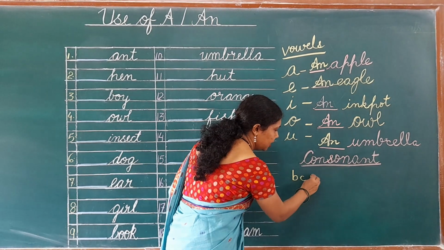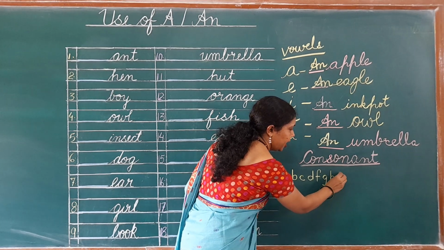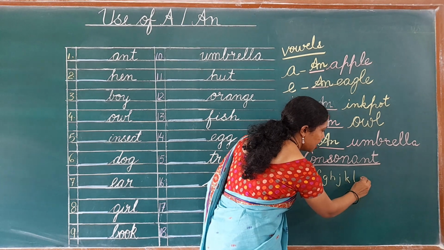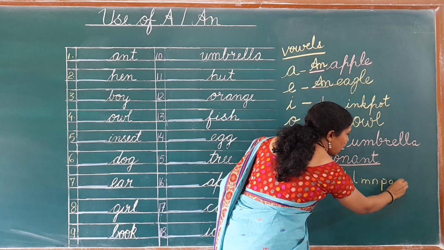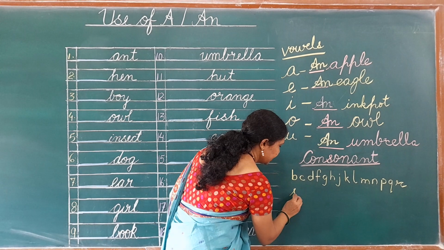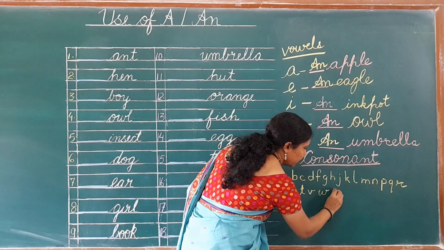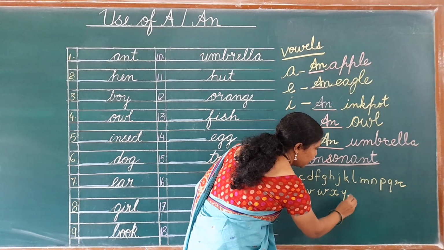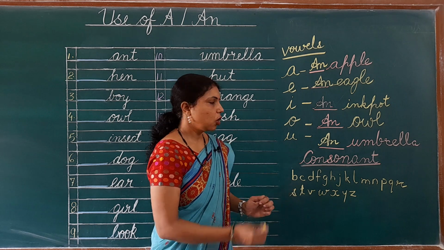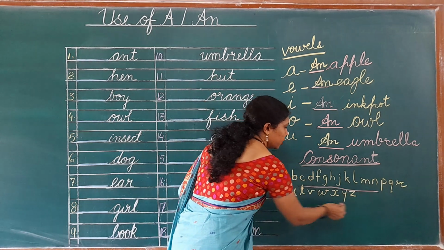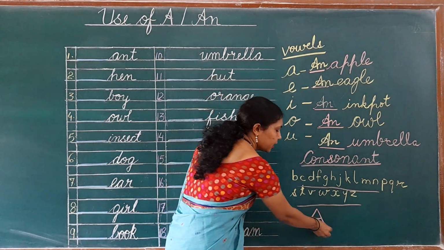B, C, D, F, G, H, J, K, L, M, N, P, Q, R, S, T, V, W, X, Y and Z. These are consonants, and before these consonants we have to use a.